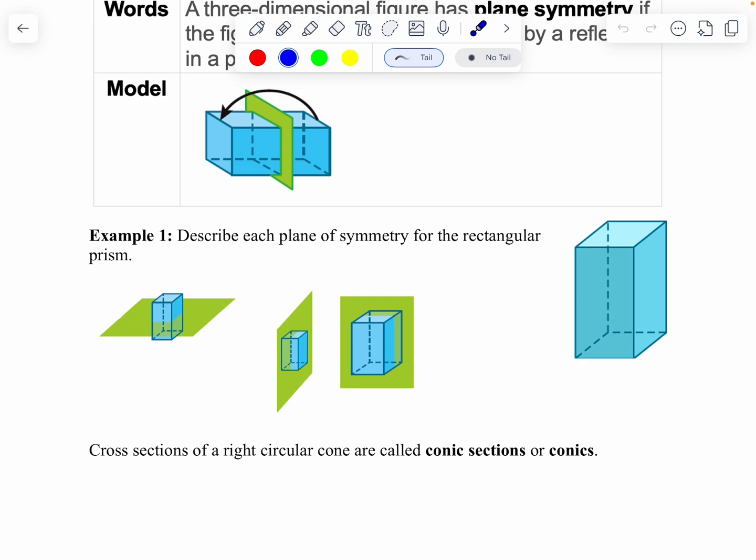We'd have to go through the middle. And then we'd have a vertical slice. That would be symmetry. And then your horizontal slice. So we have 3 of them.